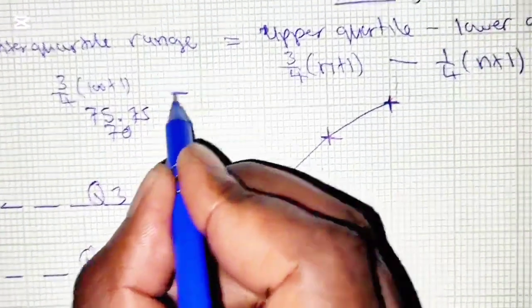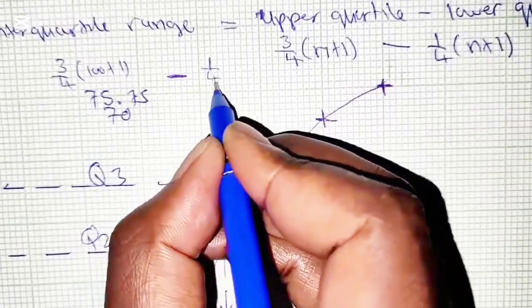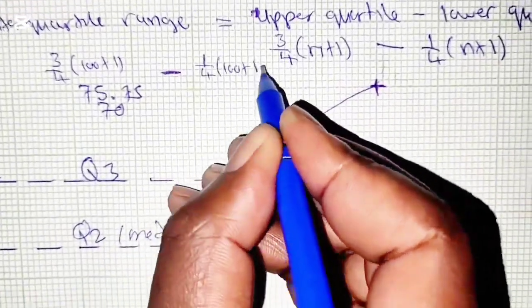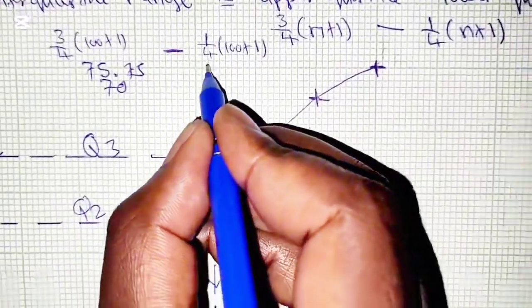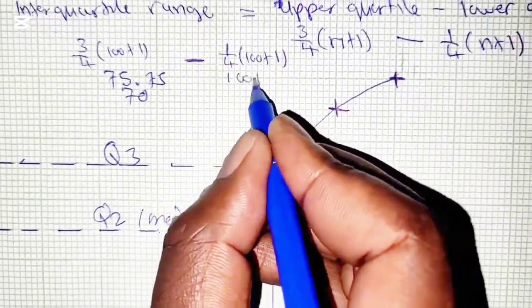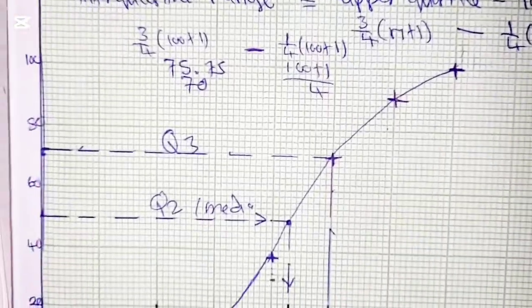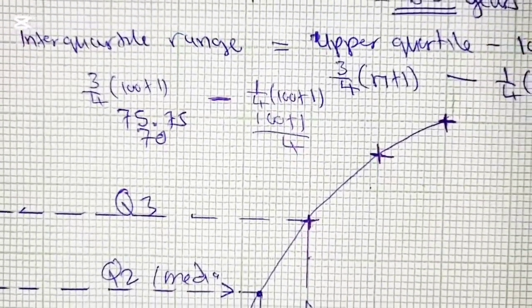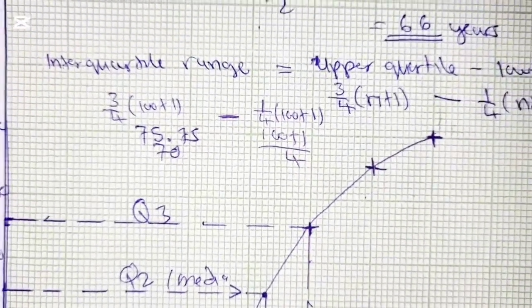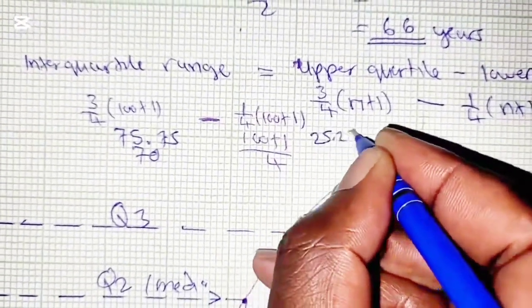Then the lower quartile is 1/4 of 100 plus 1. Then it will be 1/4 of 101, over 4. Right. So 101 divided by 4 to get 25.25.